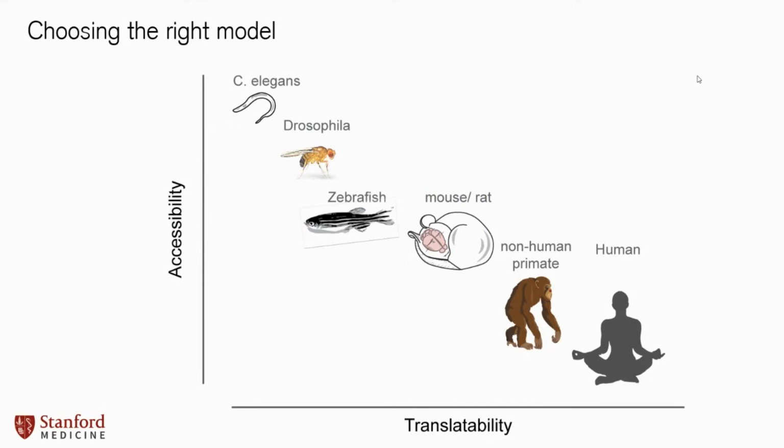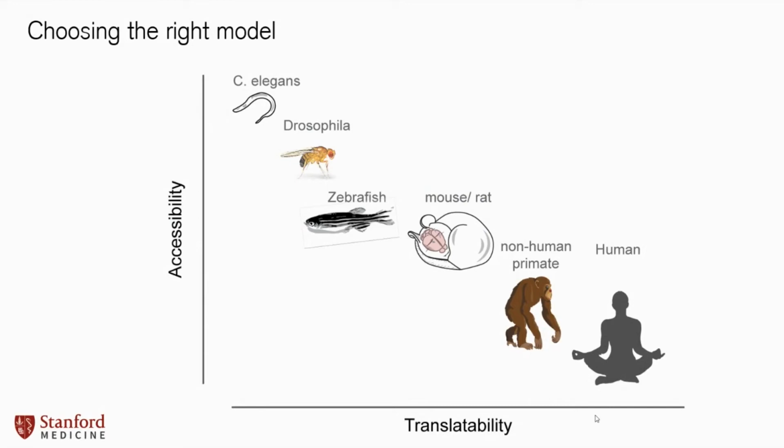So I've drawn up this really simplified version of the trade-offs between different model systems. And the major idea here is that when you're looking at a model, it's either very accessible or it's very translatable. Now, translatability is pretty simple. It just means if I do this in this animal model and it works, is that going to work in humans?